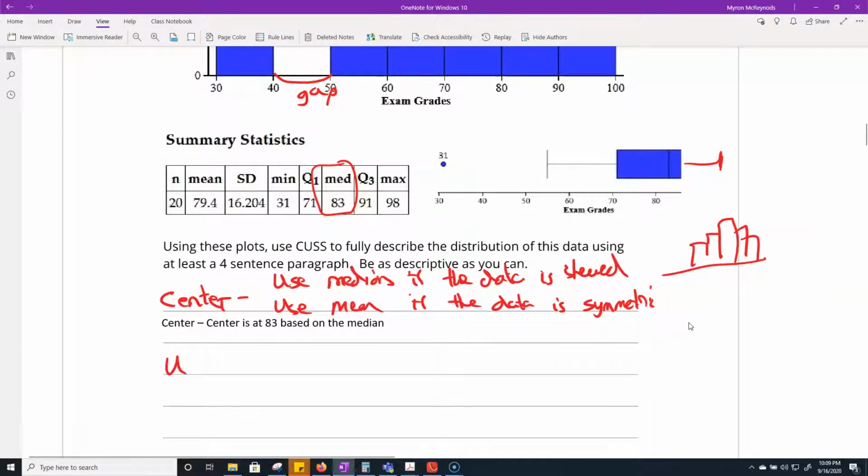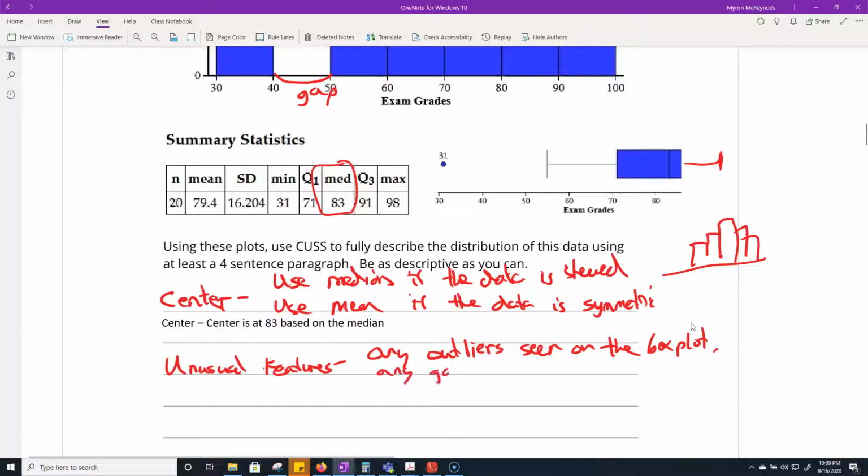The U, the unusual features. What you want to talk about here are any outliers seen on the box plot and any gaps seen on the histogram.